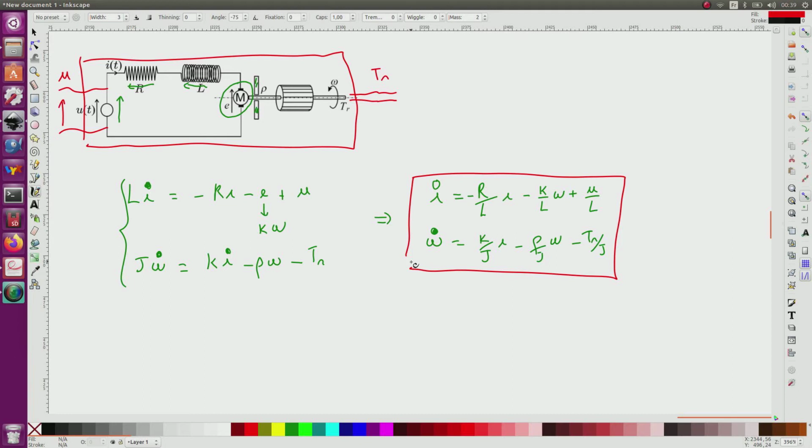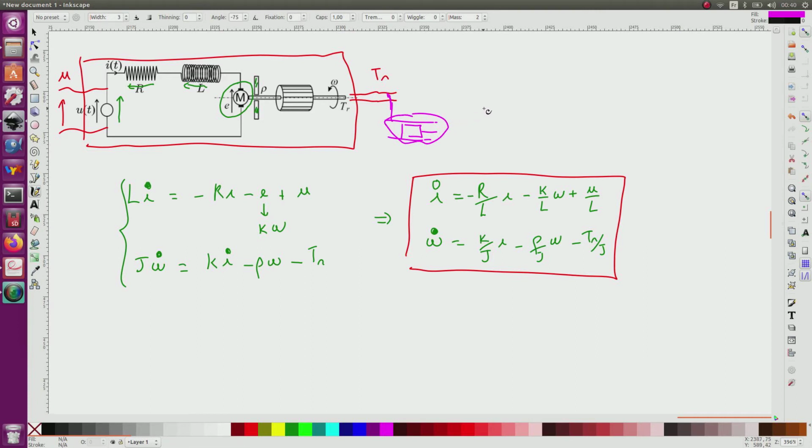So for the first question, I put a pump just here. I don't know how to represent the pump, but I put something like this, and the pump enters and goes out. So I do not explain this element.